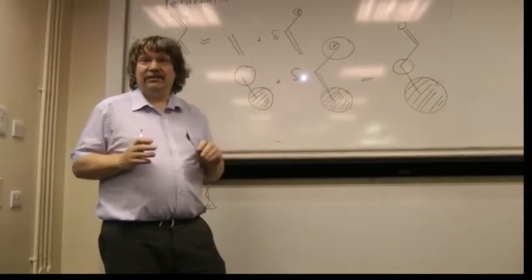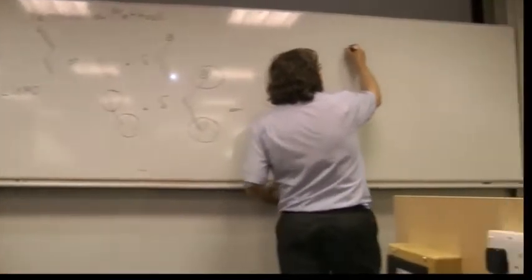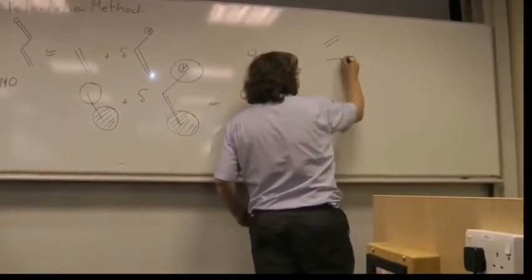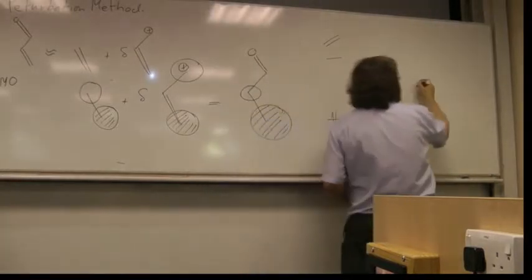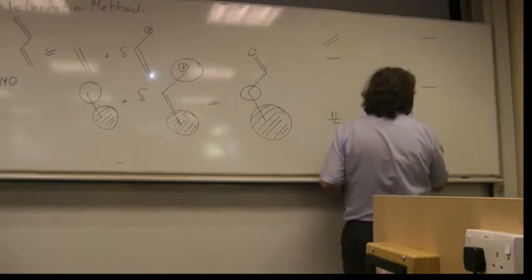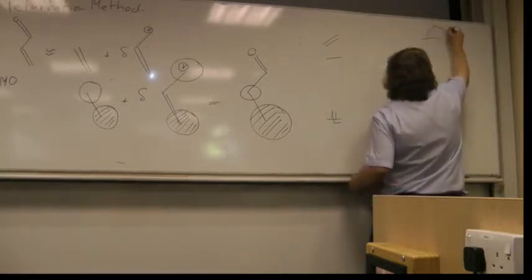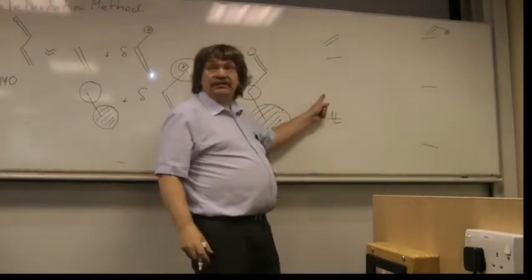What about the energies of that system? Well, here's my ethylene. And here's my allyl cation. So that's the unperturbed system.